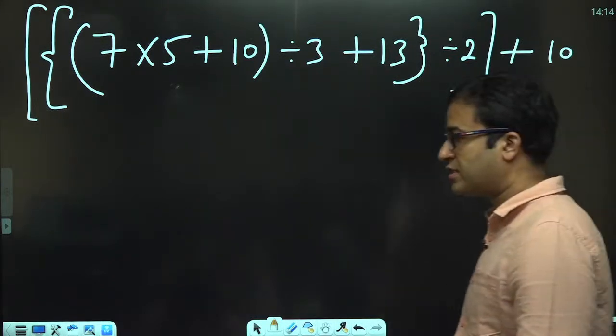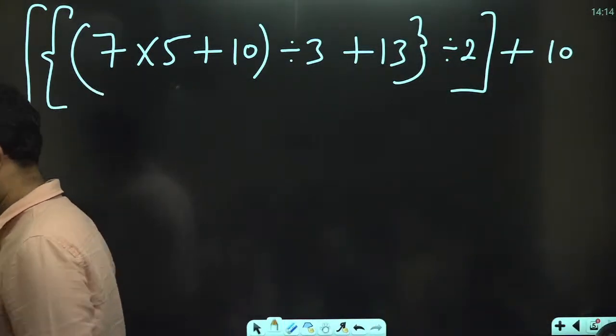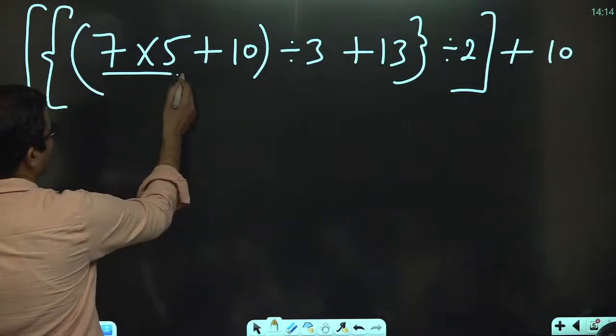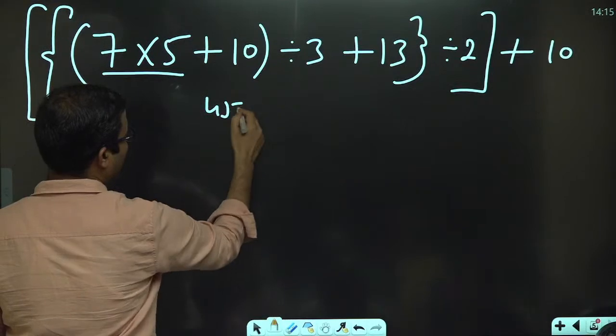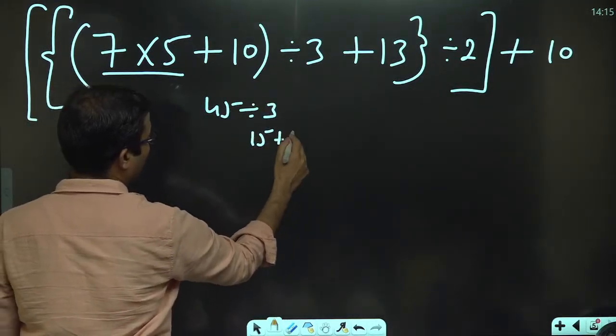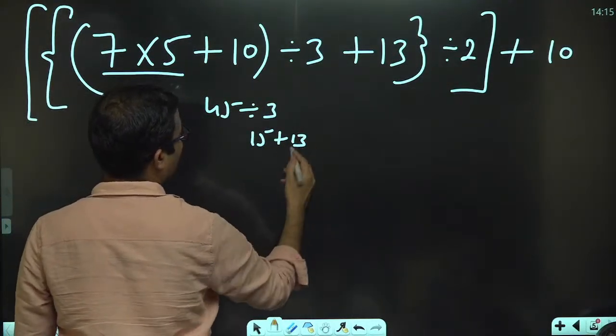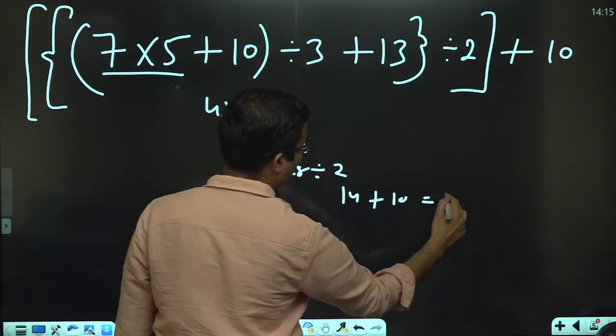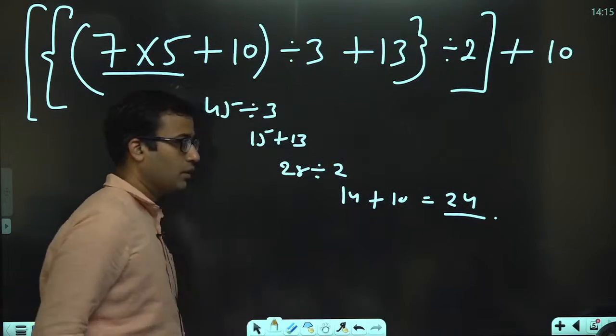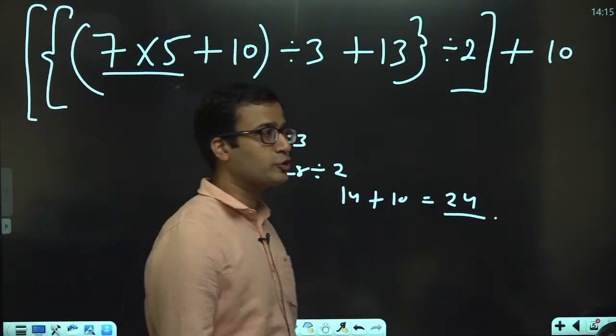Those who are done, what is your answer? So first this is multiplication first. 35 plus 10 is 45, divided by 3 is 15, plus 13 is 28, 28 divided by 2 is 14, 14 plus 10 is 24. Okay, I will not go into detail because this is not a banking exam.